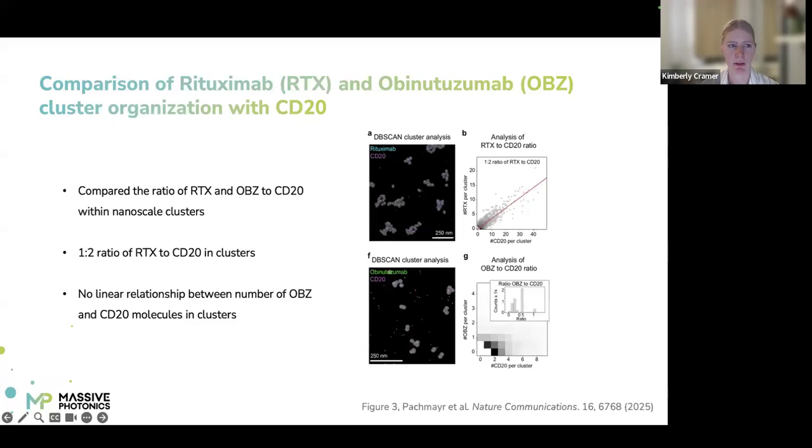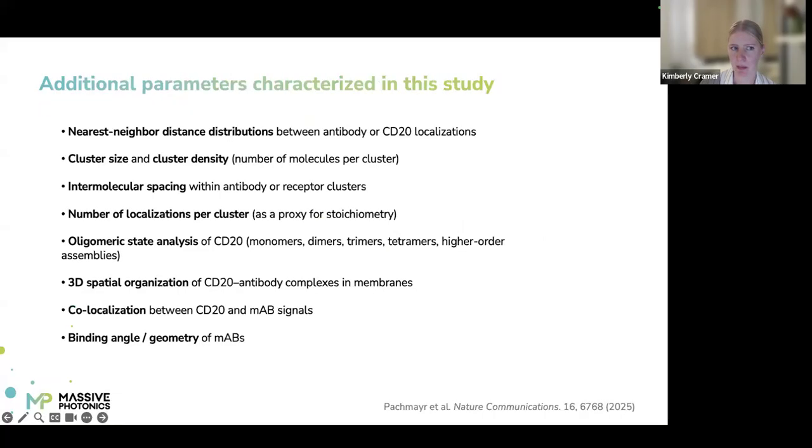And they found that there's a 1:2 ratio of rituximab to CD20 in these clusters, whereas there was no linear relationship between the number of obinutuzumab cluster organization and CD20. So this is one thing they looked at. However, they looked at tons of other stuff that I don't really have time to go into. I just wanted to use this to showcase the type of data you can get when you're looking at clusters and monoclonal antibody mode of action with DNA paint and Resi.